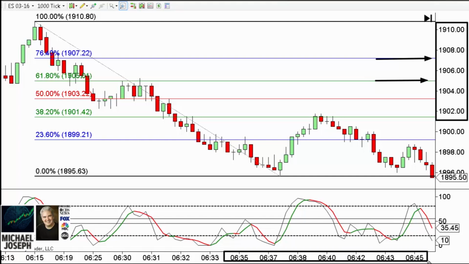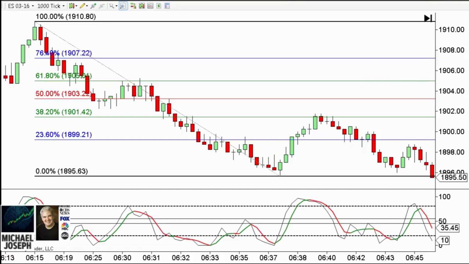That's what you have to work with on a chart, time and price. So we are looking for the confluence of time and price to find where and when the market is going to put in a high and then continue in the direction of the trend. The Fibonacci levels give us potential prices where the market could top out, but we also need time, and that's where the cycle indicator comes in.